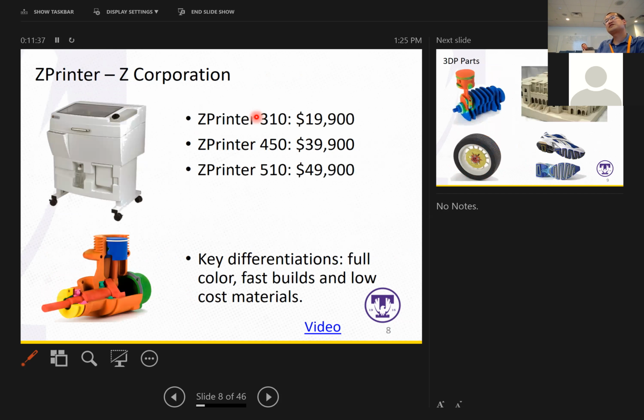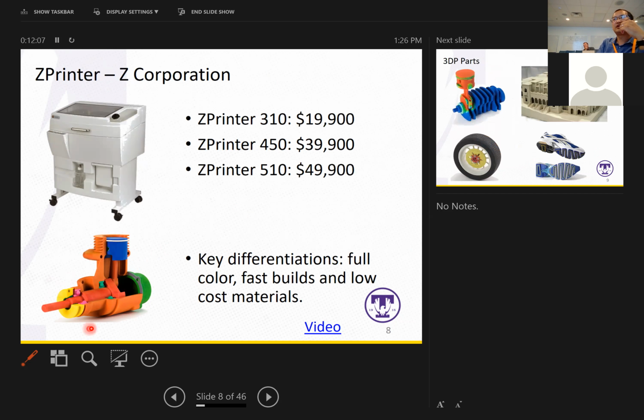And here gives you some idea about printers like the ZCorp ones. I think actually they're not cheap compared to some fused deposition ones, right? The cheapest is still around 20,000 something, right? And as I mentioned, the part they printed is not strong enough. But one benefit is it's easy to have full color printing, right?